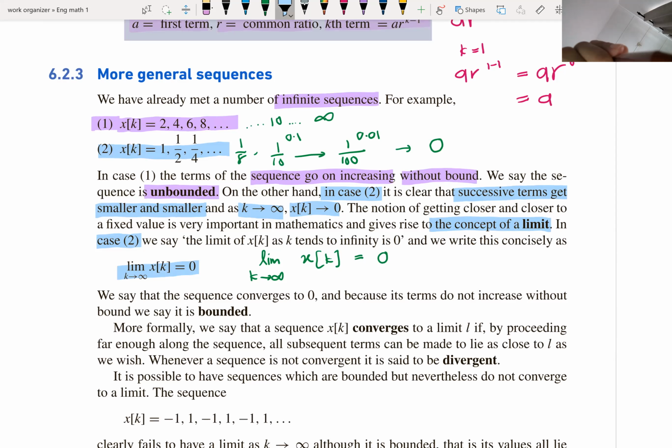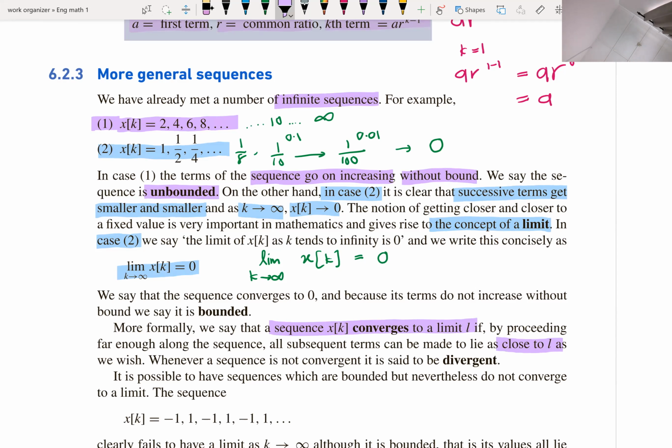Here, the sequence converges to a limit L, which means the terms will be close to L. This one is still convergent.